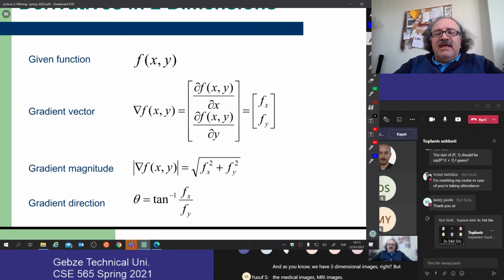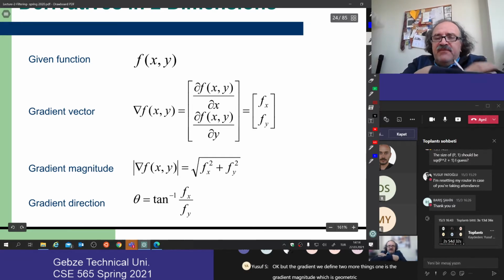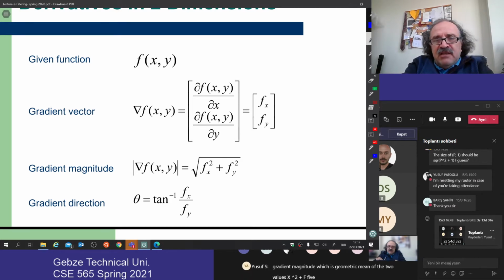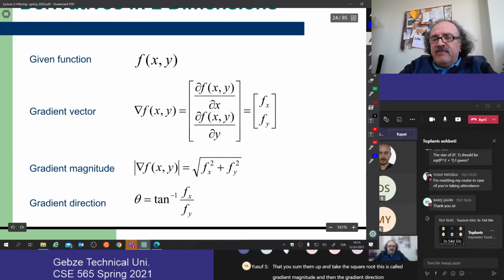With the gradient, we define two more things. One is the gradient magnitude, which is the geometric mean of the two values, fx squared plus fy squared. You sum them up and take the square root. This is called the gradient magnitude. And then the gradient direction is the angle between these two.